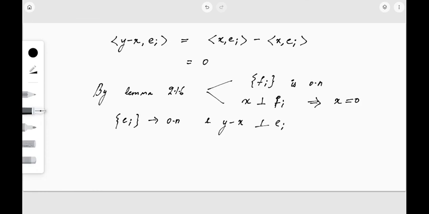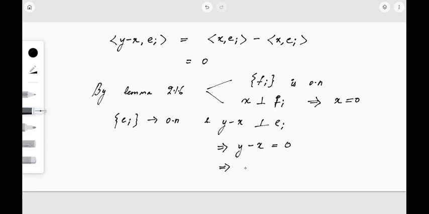So by the lemma we can say that y − x is 0, or I can say that y is equal to x, or by the definition of y we can say that x is nothing but the summation i equal to 1 to infinity of ⟨x, e_i⟩ e_i, that is, x is a linear combination of elements of the set {e_i}, right?